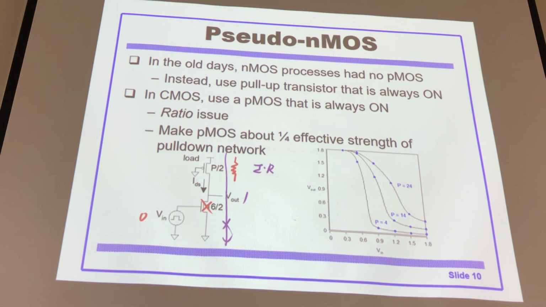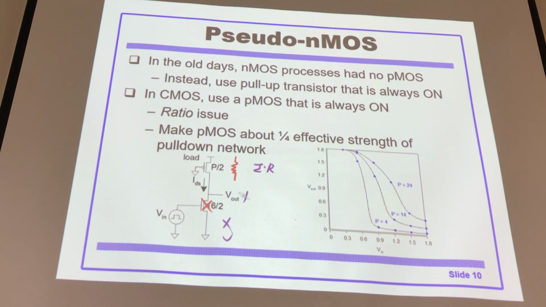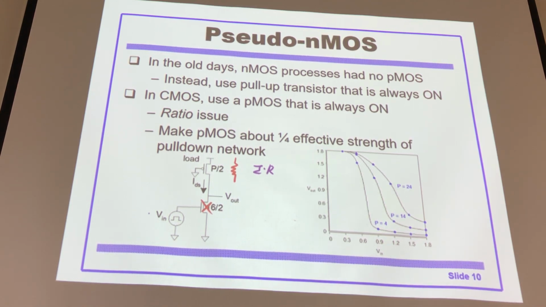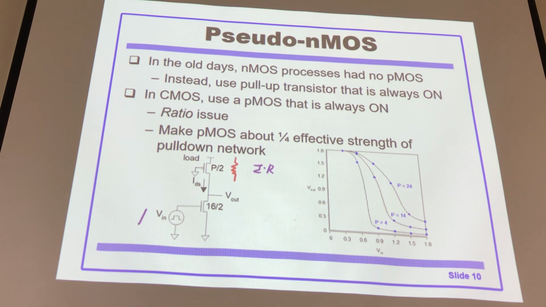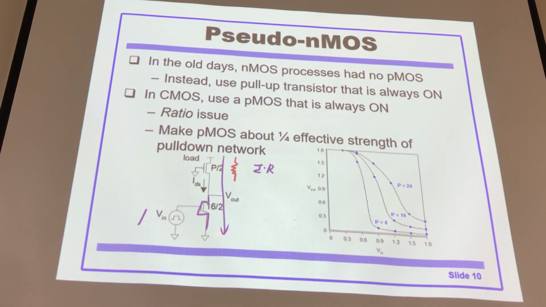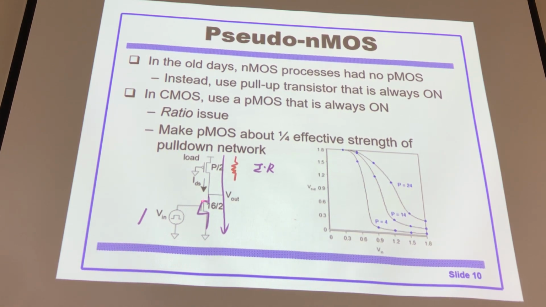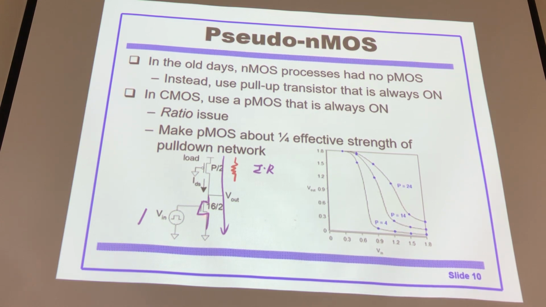On the other hand, when the input is 1, the NMOS transistor is on. So there's a significant amount of current going from VDD to ground. Because the transistor is on, it's almost like a wire, so there's almost no voltage drop across it.